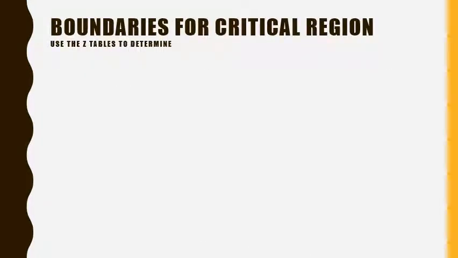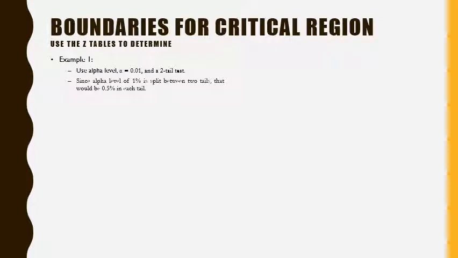So let's talk about boundaries for the critical region. We're going to use the z-tables to determine these boundaries. Example 1. Let's say we're going to use an alpha level of 0.01 and a two-tail test. Since the alpha level of 1% is split between two tails, you divide that in half, that would be 0.5% in each tail.